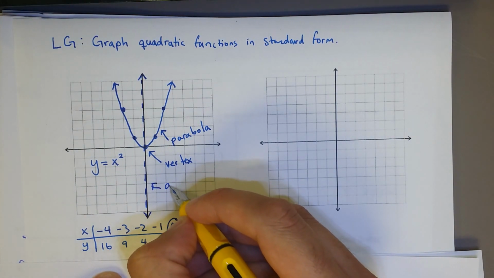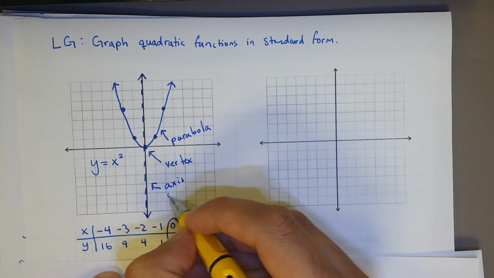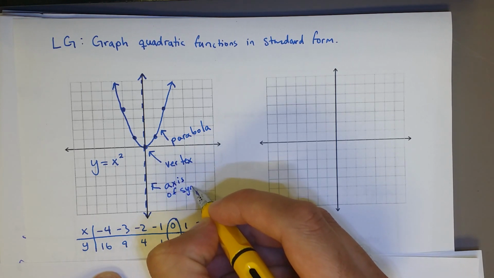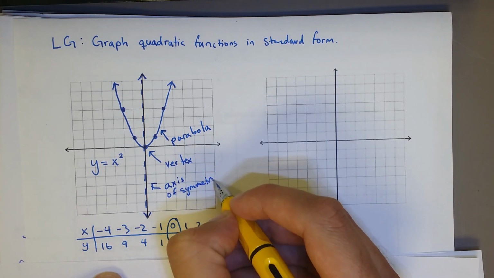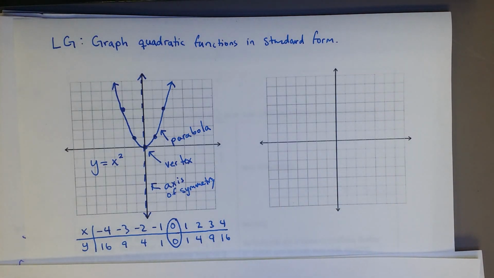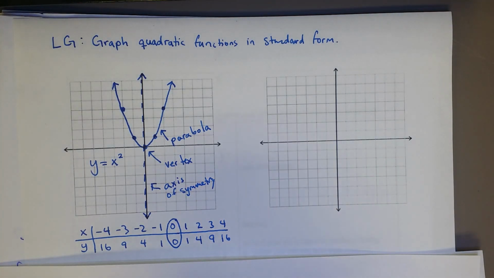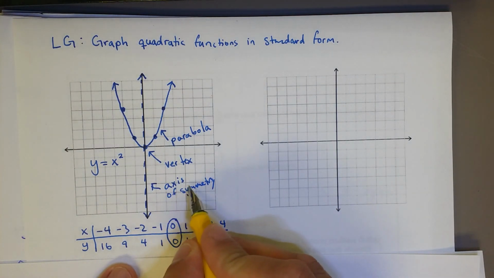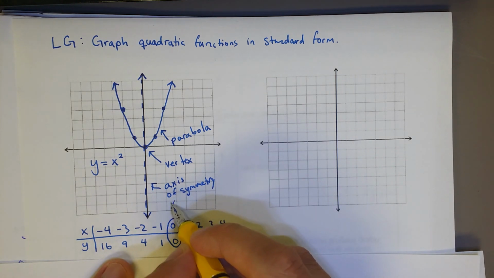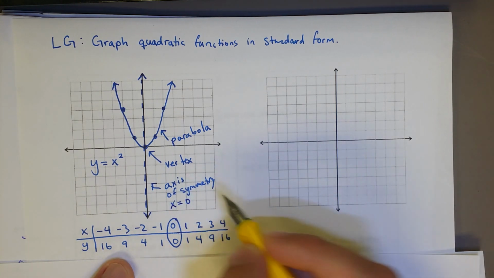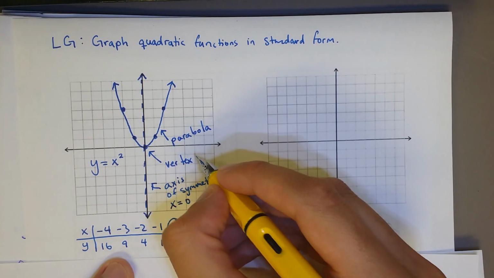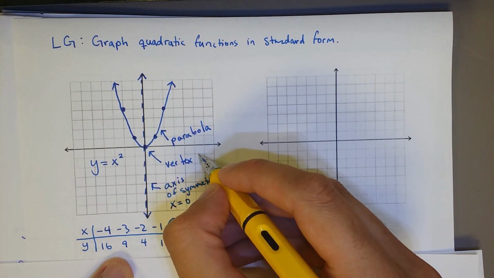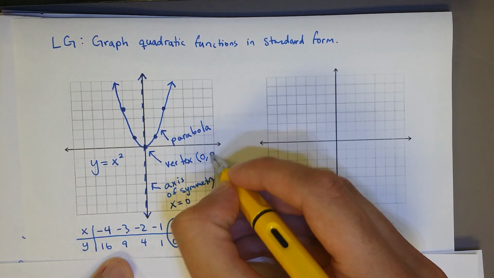We're going to call this the axis of symmetry. Okay, so let's label the axis of symmetry x equals 0, and the vertex, we'll label it as well, 0, 0.